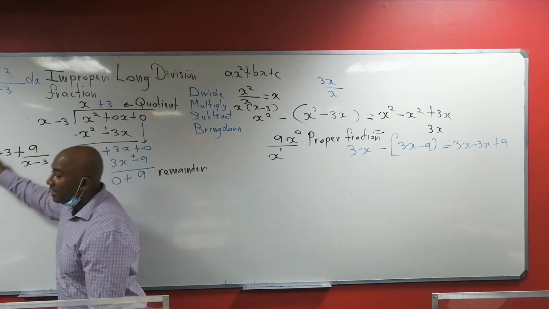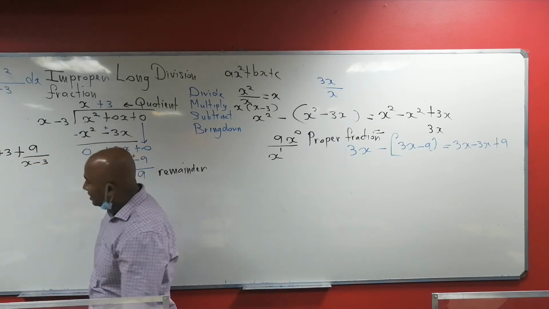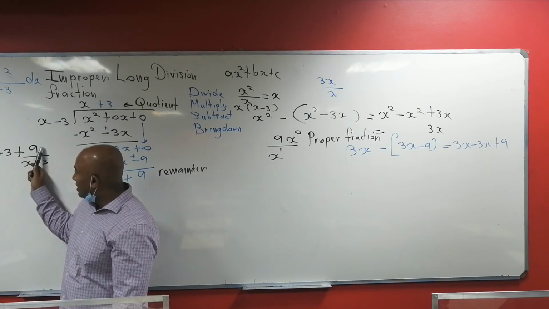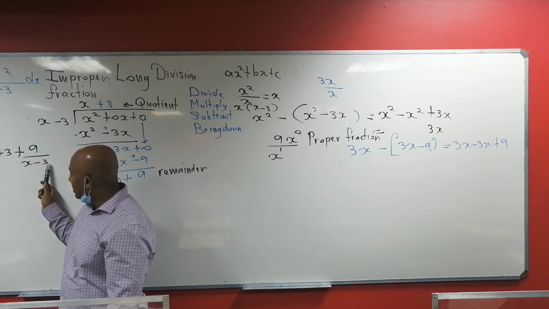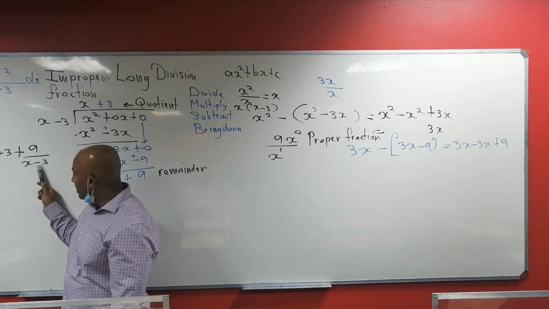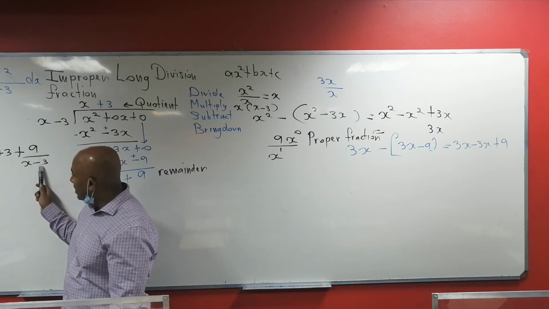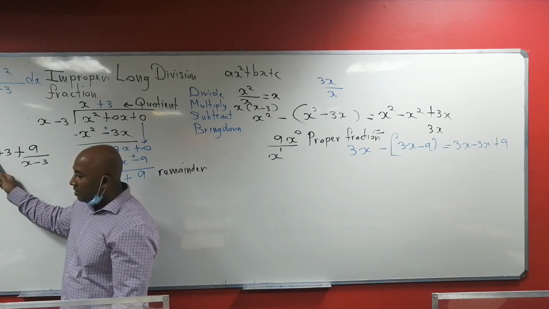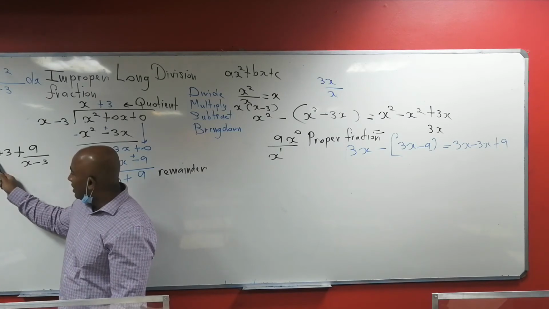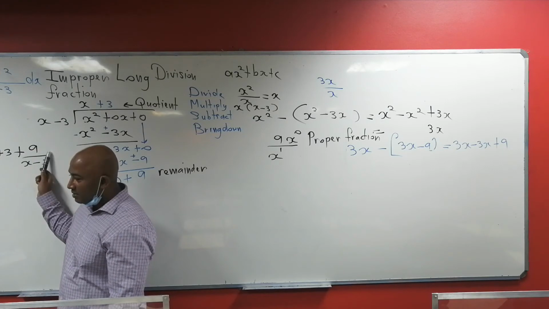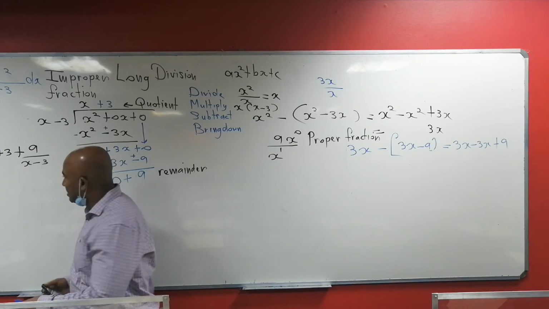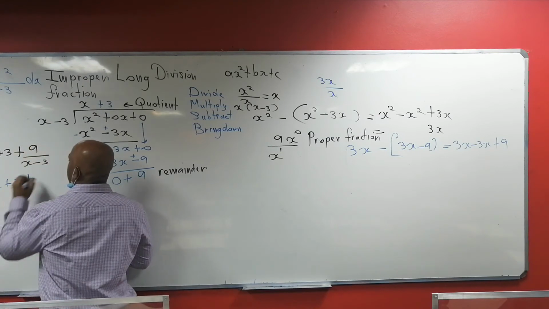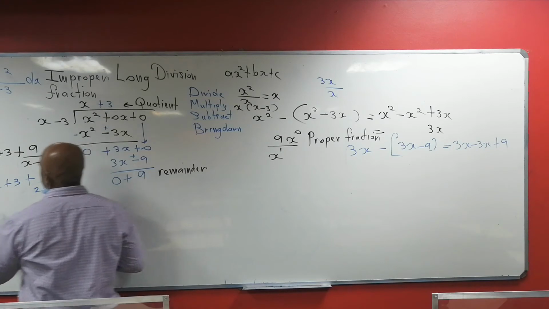Do the same on the right hand side. Substitute your 2. What do we get now? 2 plus 3 plus 9 divided by 2 minus 3. Sorry, what did I say? 2 plus 3 plus 9 over 2 minus 3.